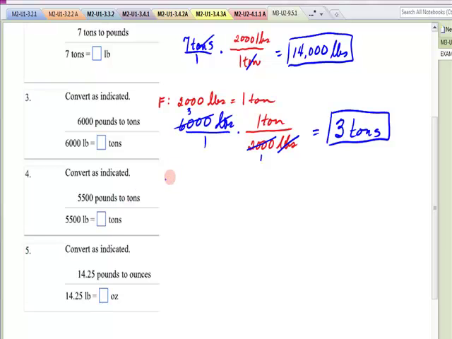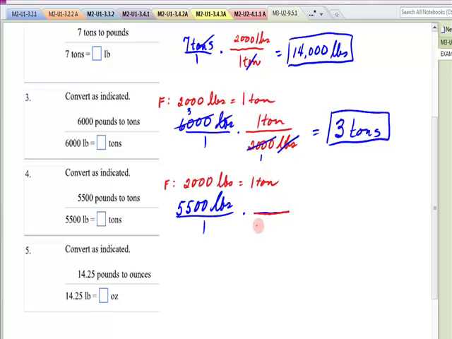The next one, pounds and tons. I don't have a lot of choices here. All right, fact, 2,000 pounds equals 1 ton. I'm starting with 5,500 pounds. I'm going to put it over 1, and I'm going to multiply that by the fact.